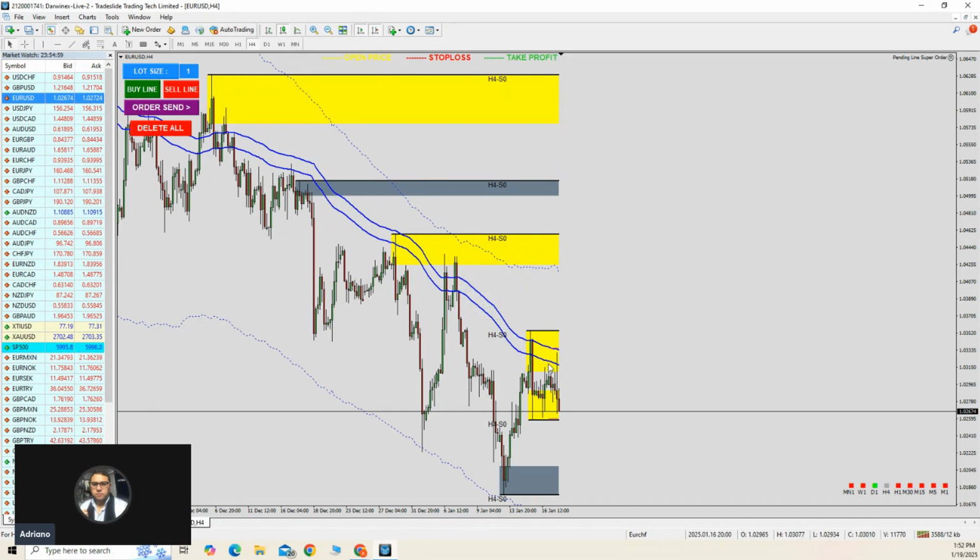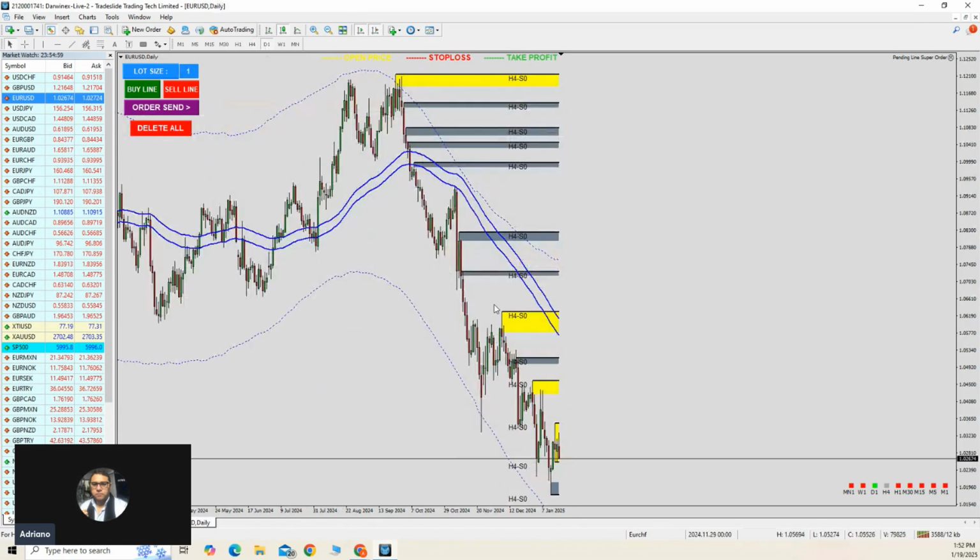And then the market did the same thing here, came back up, tested the zone, and dropped. If you put it on the daily, you see the zone here. It looks a little bit smaller than on the 4 hour, because all the zones are from the H4 time frame, and I just like to place my trades on the daily chart.